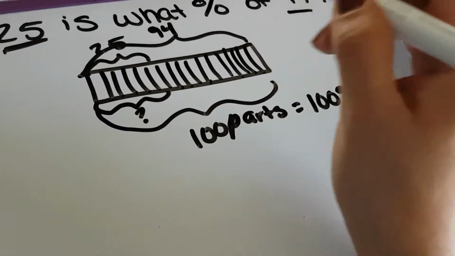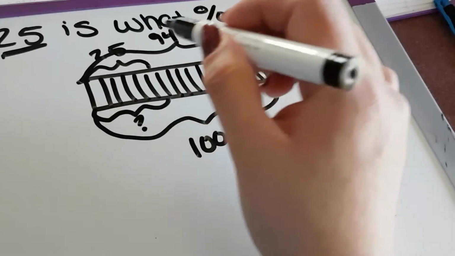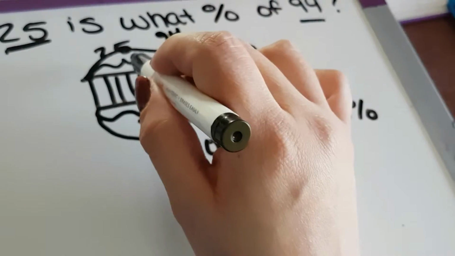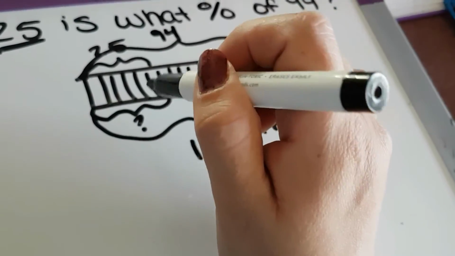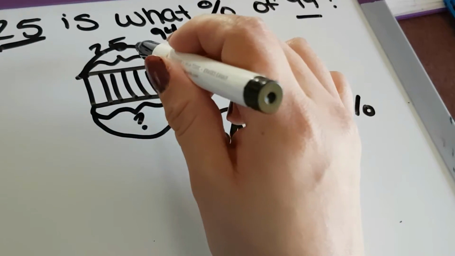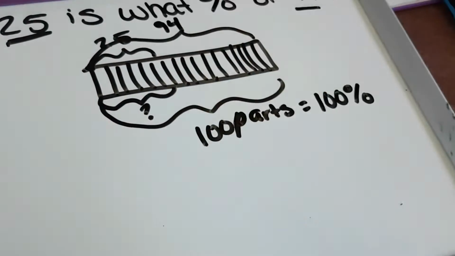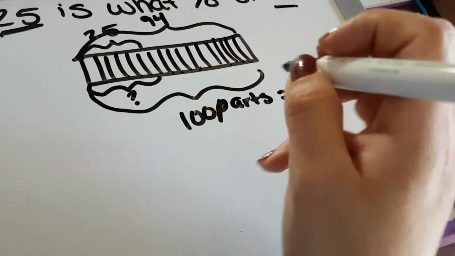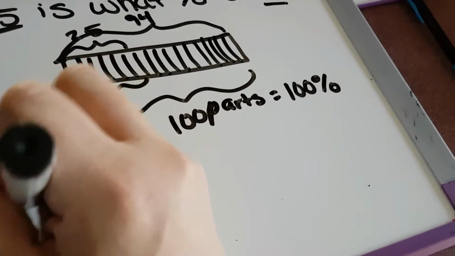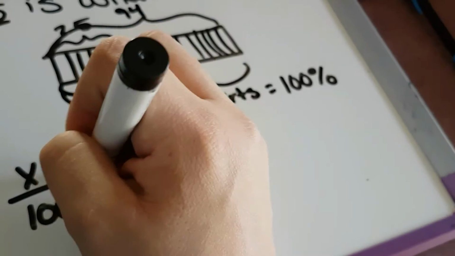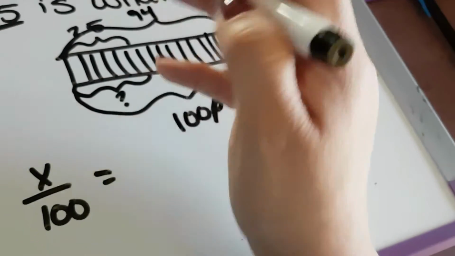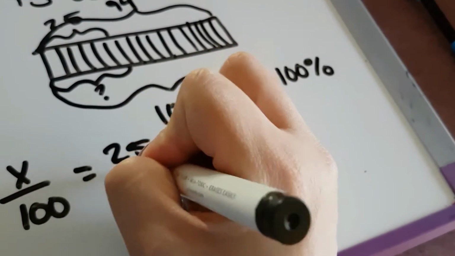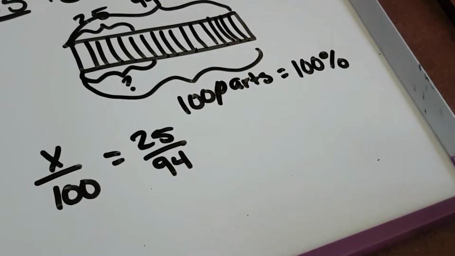So now that we know our whole, how much of the whole we are using, and we are looking for the percent of the ones that we are using, we will write this out the same way as our previous problem. X out of the 100, we are using 25 out of the 94 parts.